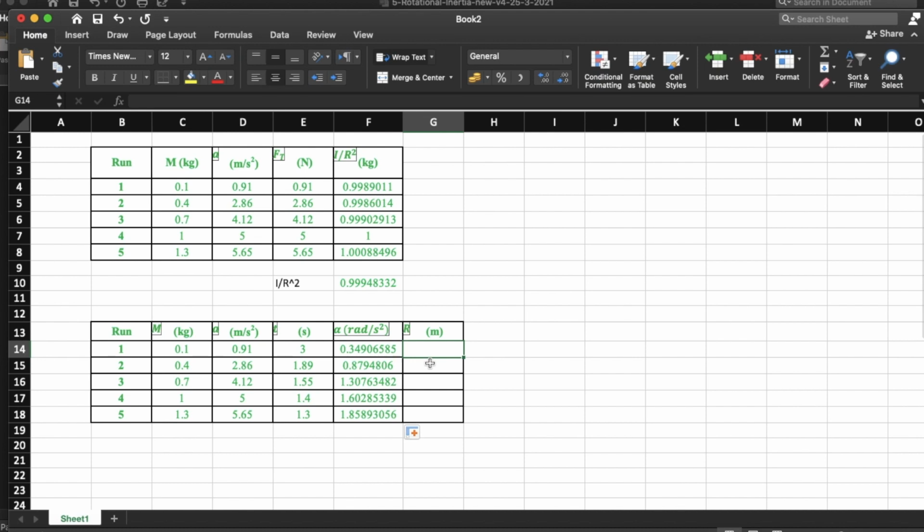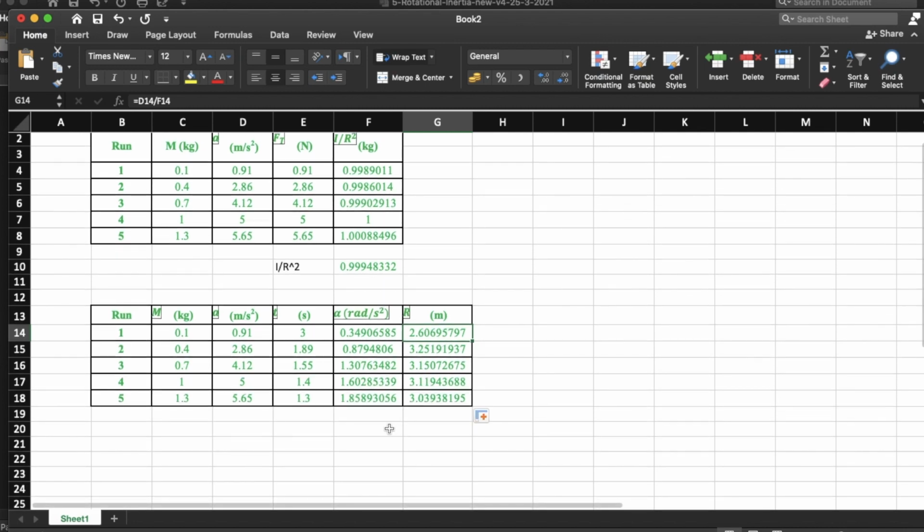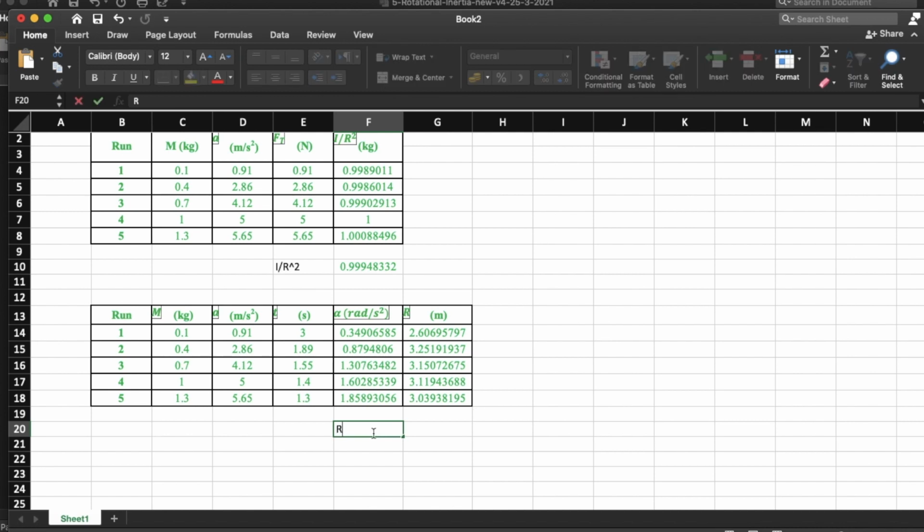Then to find the radius, divide a by alpha. As you can see, my estimate for the radius here is slightly off and different from the other values, but to eliminate the error, we'll find the average radius.